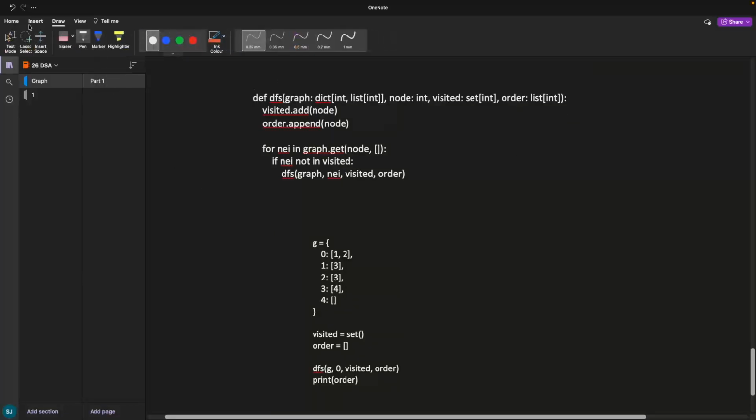Put it in comments, right? ये क्या है? What is this thing called? Like which representation is this?